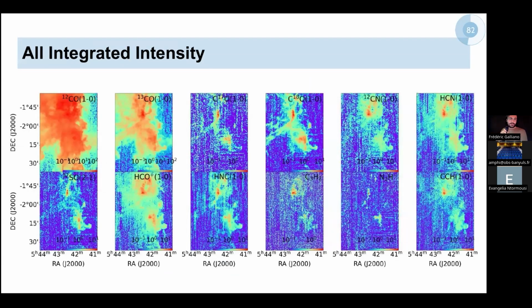So we have all these data, these 12 spectra, and basically each line will probe a different density of the molecular cloud. For example, 12CO will probe the outer region, while N2H+ will probe the denser region.